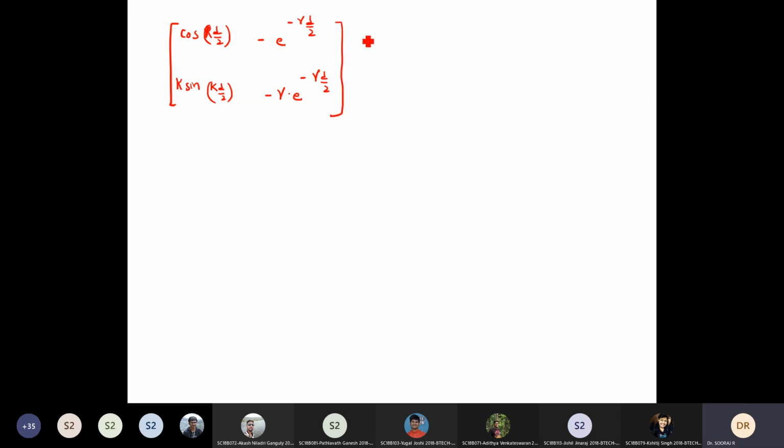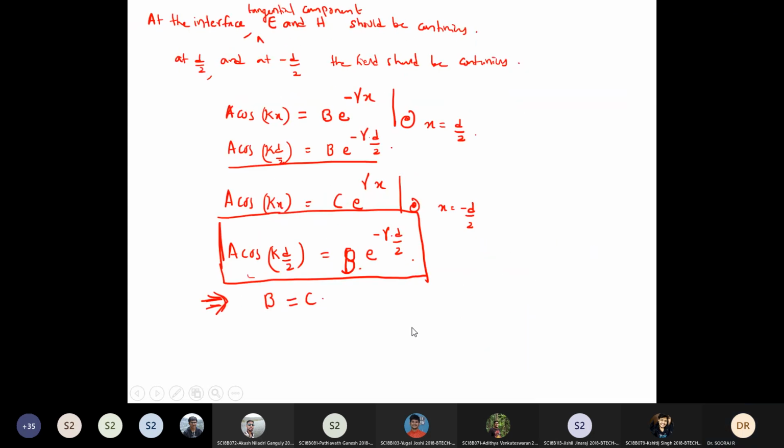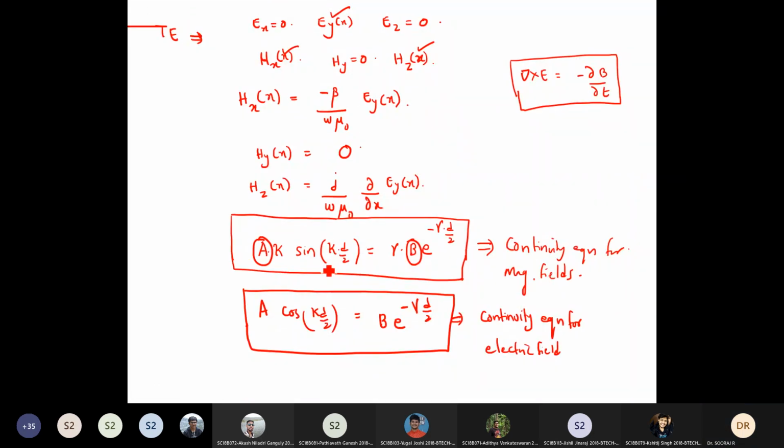So this multiplied by A and B is going to be 0. I'm just representing this by a matrix, so it's nothing complicated. I have taken the right hand side to the left hand side, equated that to 0, and written it in the form of a matrix.